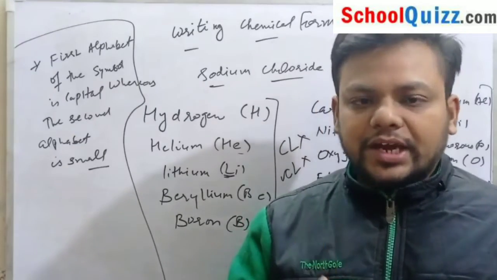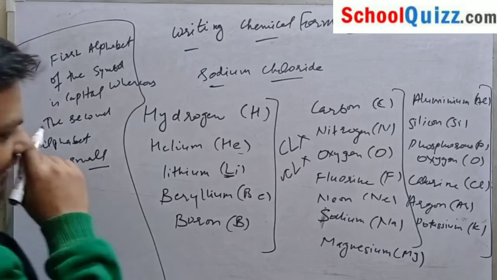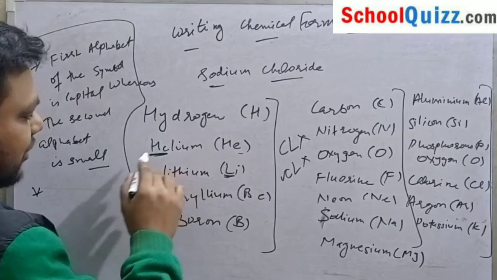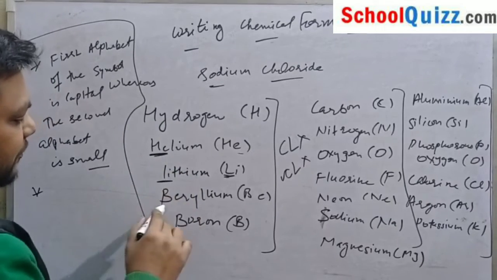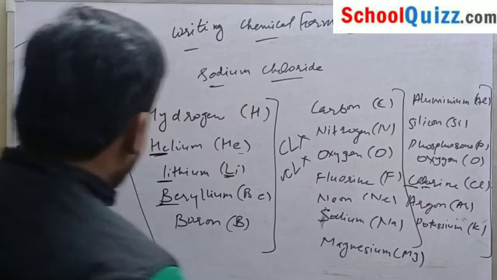Memorize that. The second thing you have to notice: like we have taken helium, lithium, beryllium, these use the first two alphabets. Suppose chlorine, Cl.